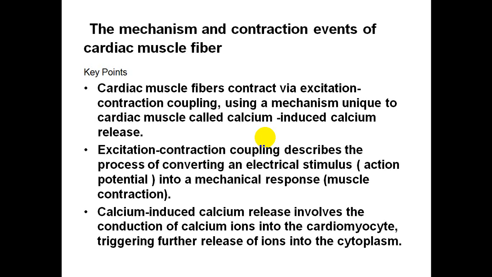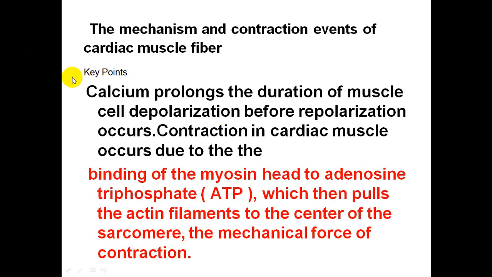So it is called calcium-induced calcium release, more calcium from the endoplasmic reticulum. Calcium prolongs the duration of muscle cell depolarization. If you remember the plateau, as we said, there is more time due to the calcium. This is not present in skeletal muscle.